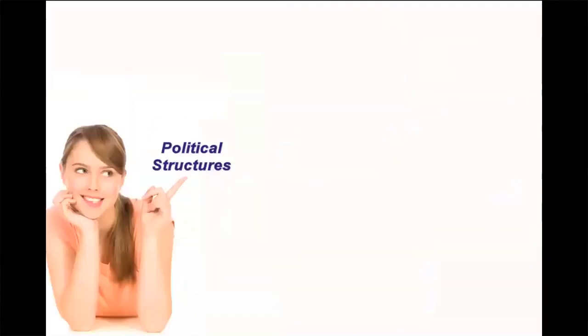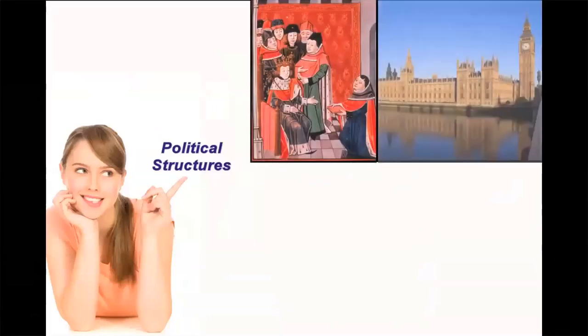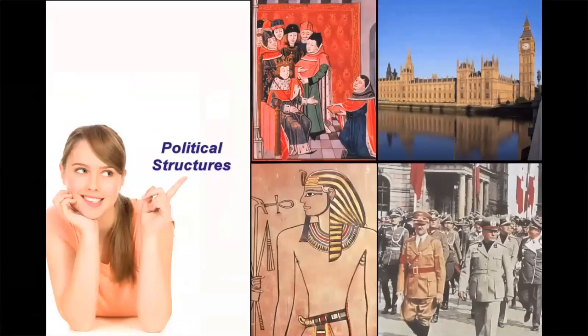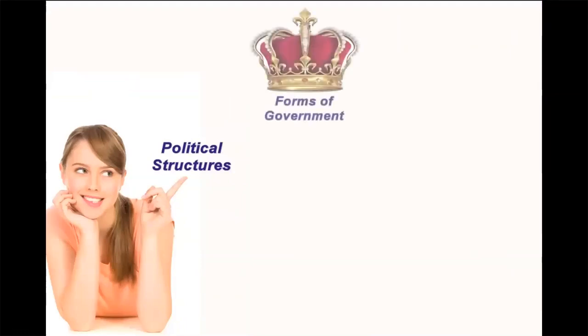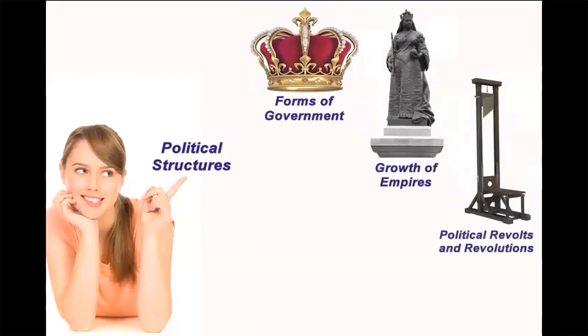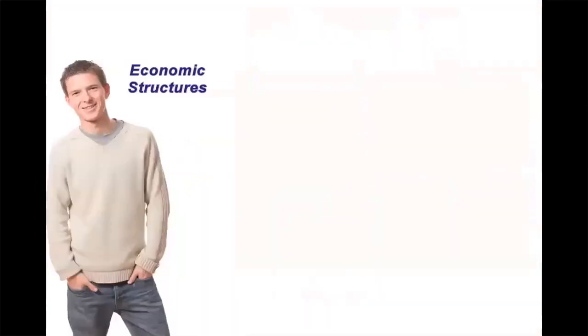A second key theme is the creation of political systems and forms of government. Political structures are an important aspect of history and a key element in the growth of civilization. The way in which people have organized and governed themselves says a great deal about human society. Some examples of political structures include forms of government, the nature and growth of empires, political revolts and revolutions, regional or global organizations such as the European Union and the United Nations. Another important theme is economic structures.